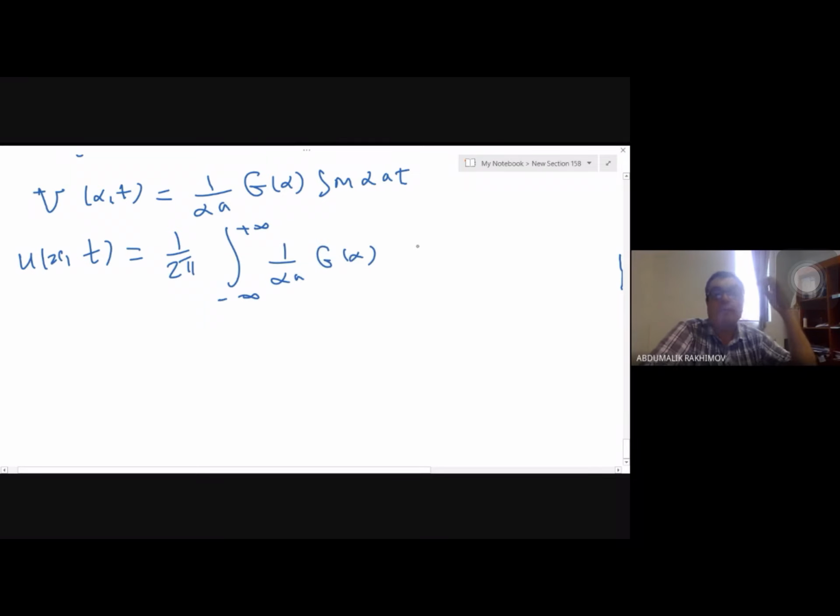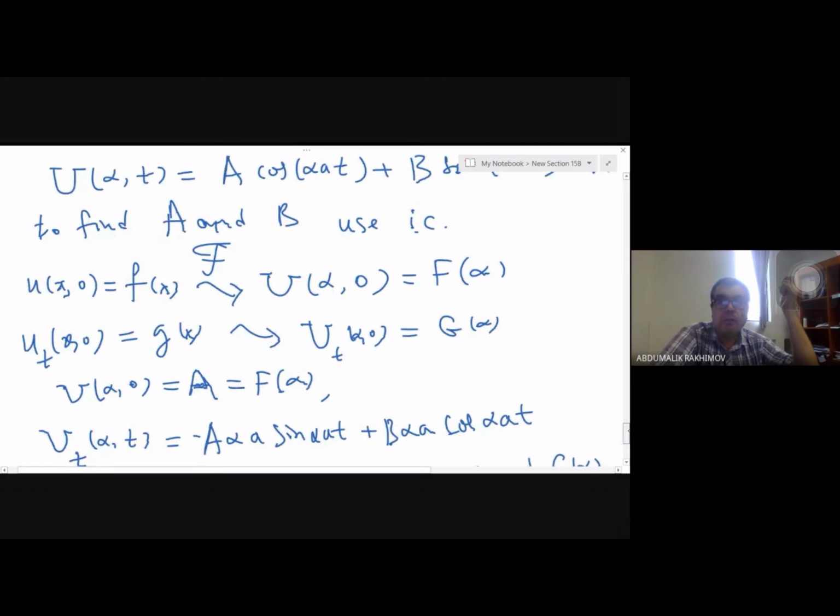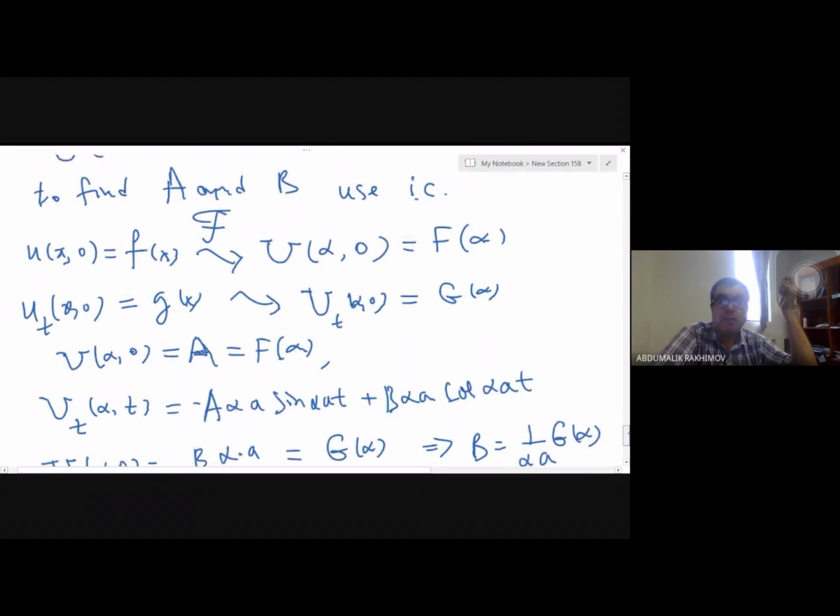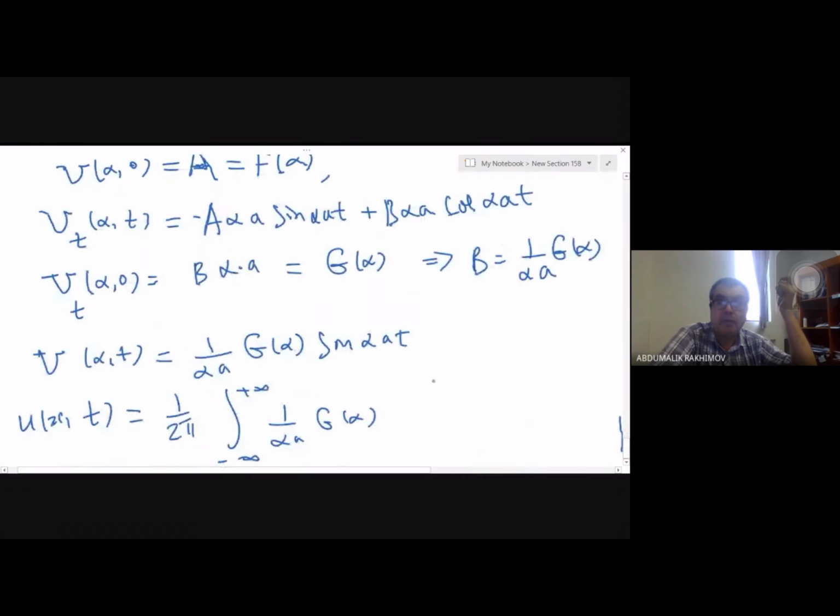Oh, A is not 0. A is equal to F alpha. So I have here F alpha times cosine alpha AT, right? F alpha is not 0. F alpha will be 0 only if F is 0, okay?